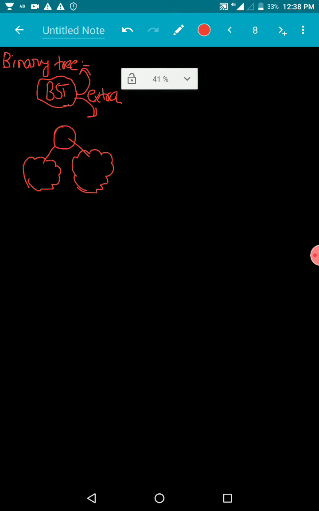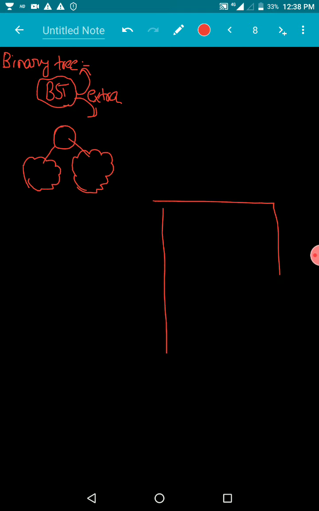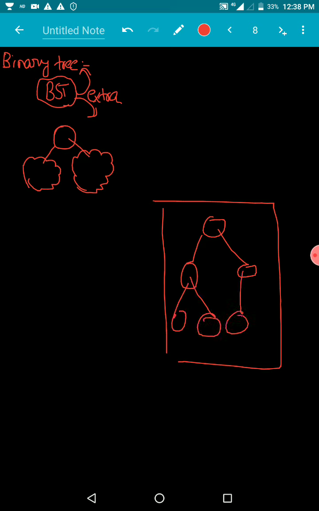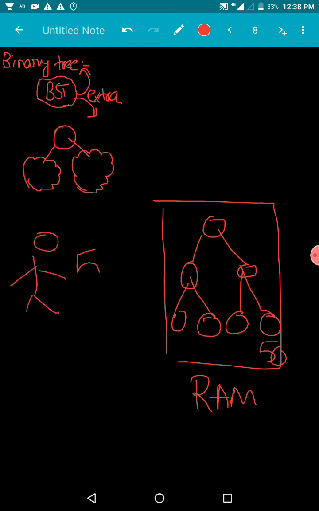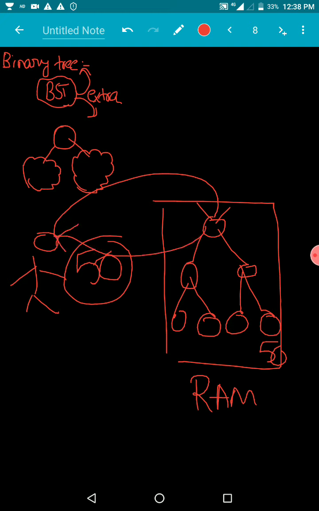How does this binary search tree help to search an element efficiently? Suppose this is the binary search tree. In the best case, I will take a full binary tree. This is already stored in your RAM. Assume your CPU wants to search for the 50th element. The CPU starts from the root node address, brings the element into itself and compares.